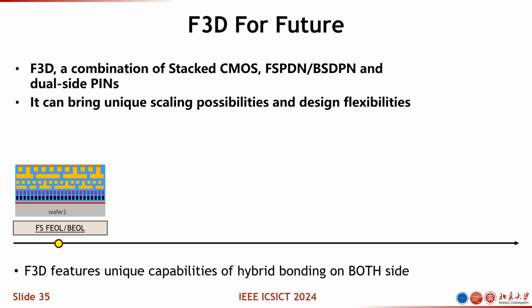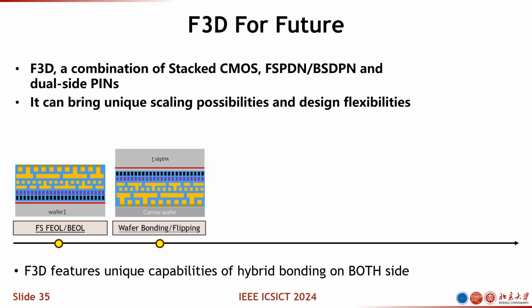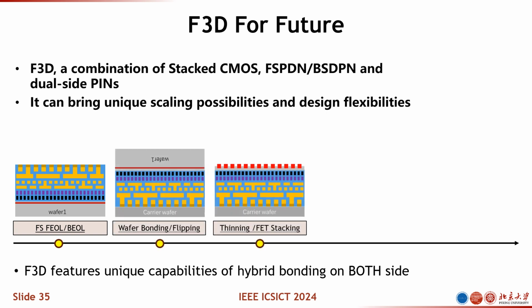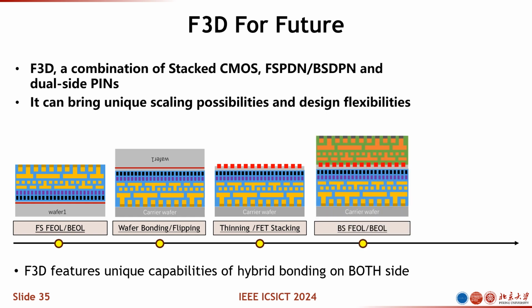And to enable this, here I show an example. You can start with a wafer like this, and then you bond another wafer, and then you flip the wafer, remove the substrate, and you can have another set of circuit functionality on top of it, and you can have the bumping on the wafer backside.